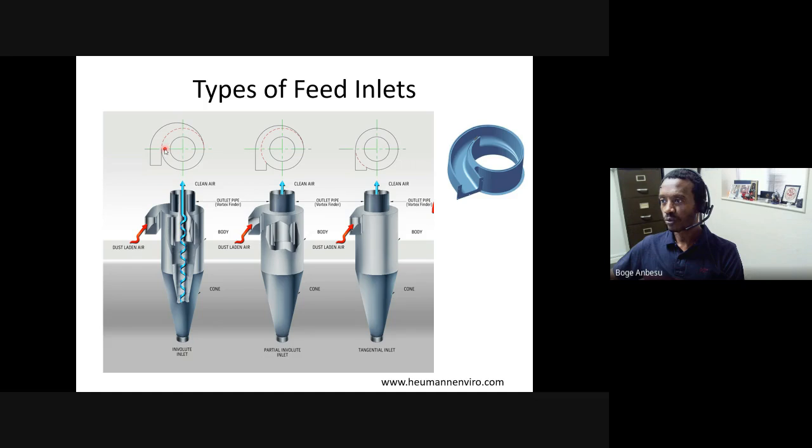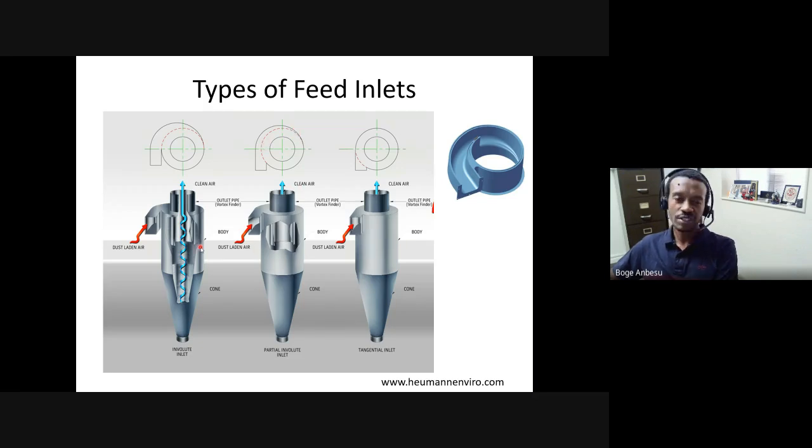These broken red dots show you the regions where solid feed can enter the cyclone. On the other hand, in the tangential design, the tangential inlet is only this region where we allow particles to enter the cyclone. You can have maybe a bit of both. The partial involute takes a bit of the design of the tangential and that of the involute, and you can have that in this manner as well.